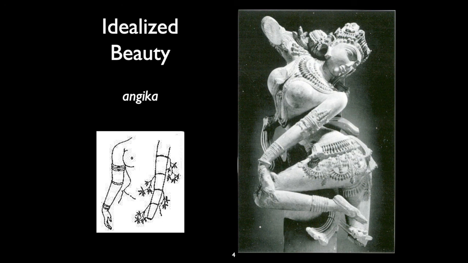The arm, we don't see clearly where the muscles are, or the bones, or the tendons, as a real body would have. And the breasts and the hips and the waist all have these sort of idealized shapes and forms. In fact, if we look at this later statue here, it's in this very extraordinary dance pose that a real human being probably couldn't make.